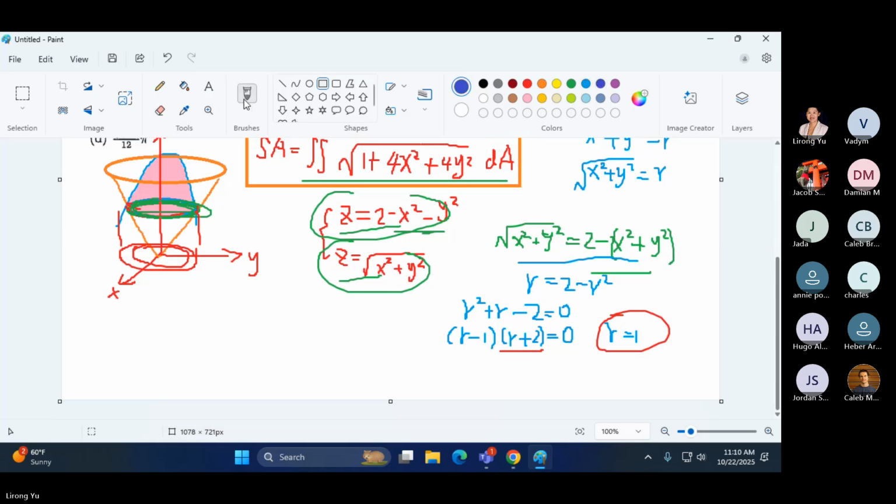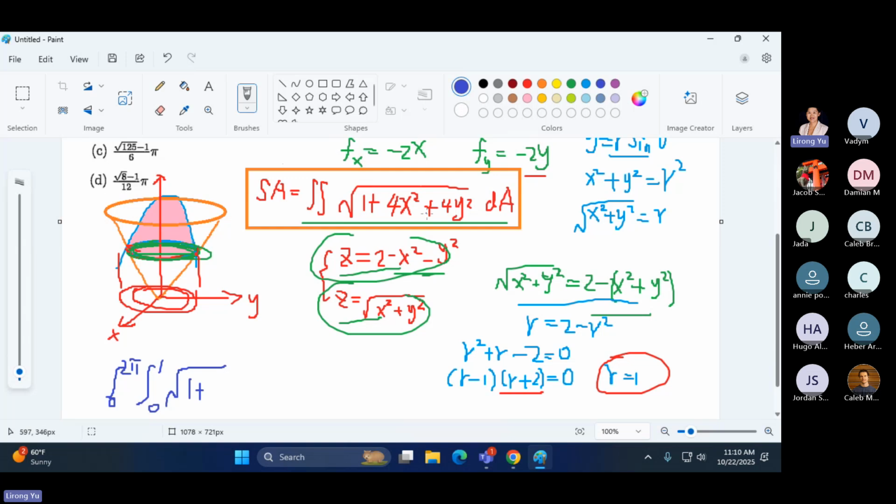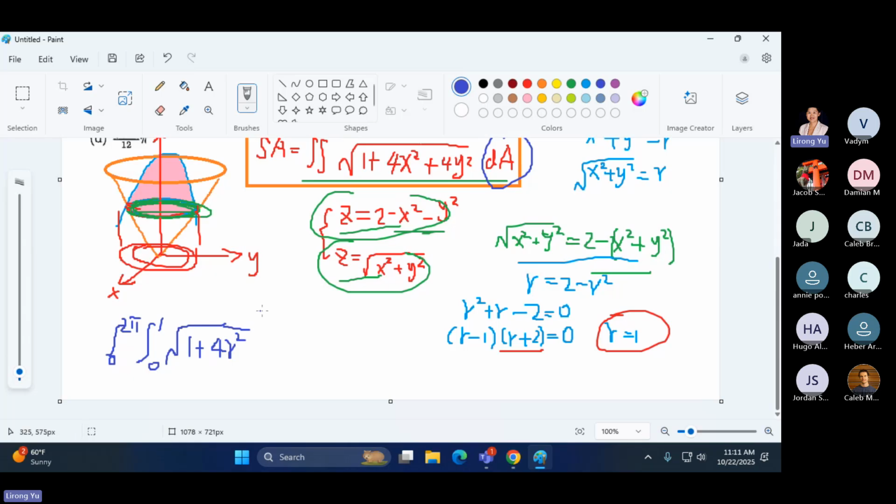So we go theta from 0 to 2 pi because of the full circle, and then the radius from 0 to 1. This is the square root of 1 plus 4x squared plus 4y squared, which equals 4r squared. And then dA in polar coordinates, in two-dimensional notation, equals r dr d theta.